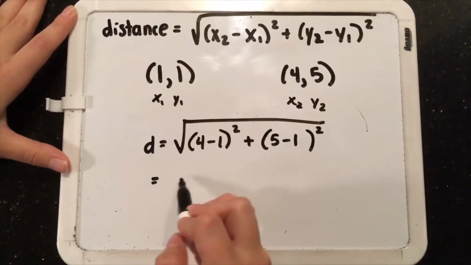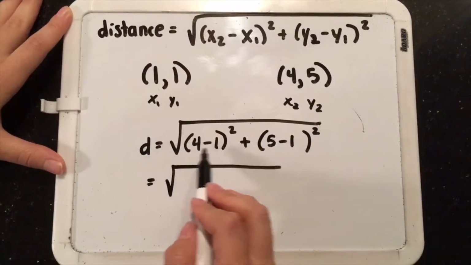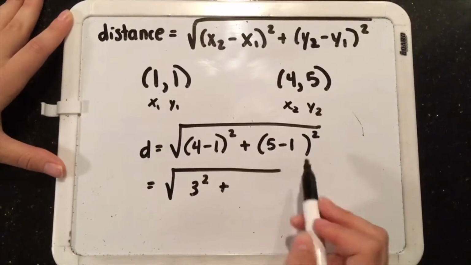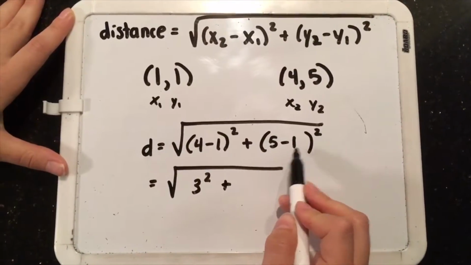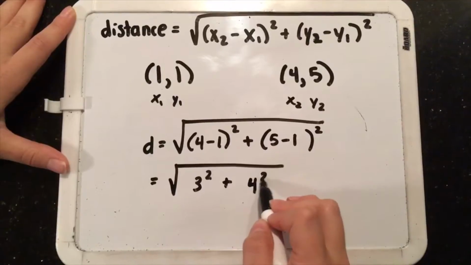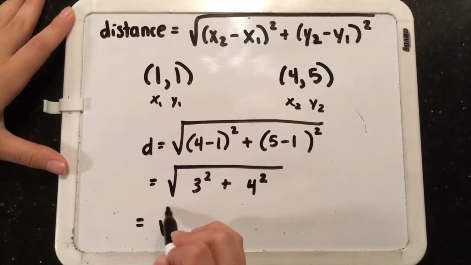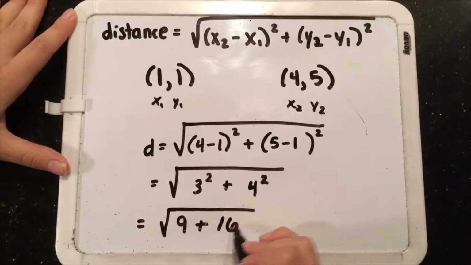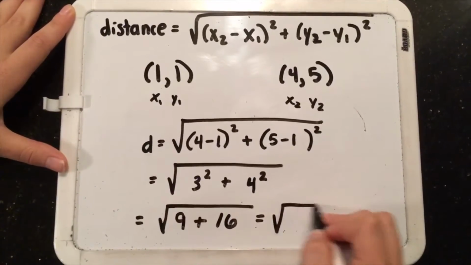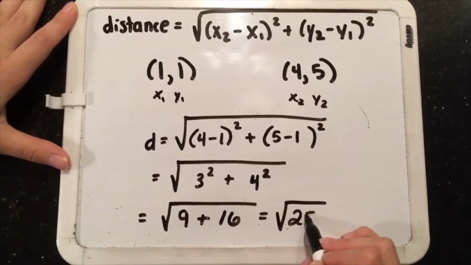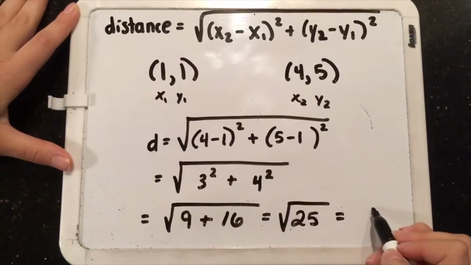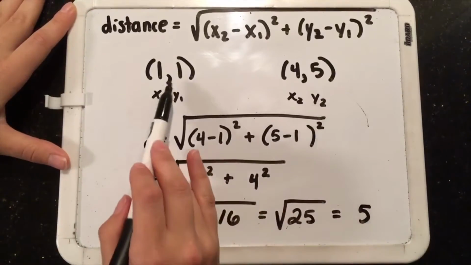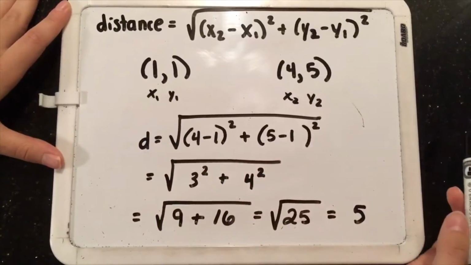This is going to equal the square root of 4 minus 1 is 3 squared, plus 5 minus 1 is 4 squared, which equals the square root of 9 plus 16, square root of 25, and that will give us 5, which calculated the distance between 1, 1 and 4, 5.